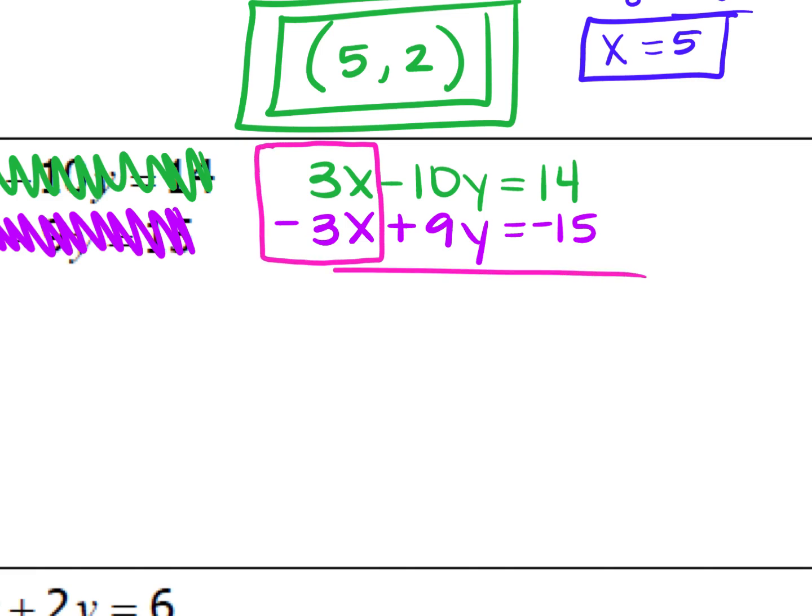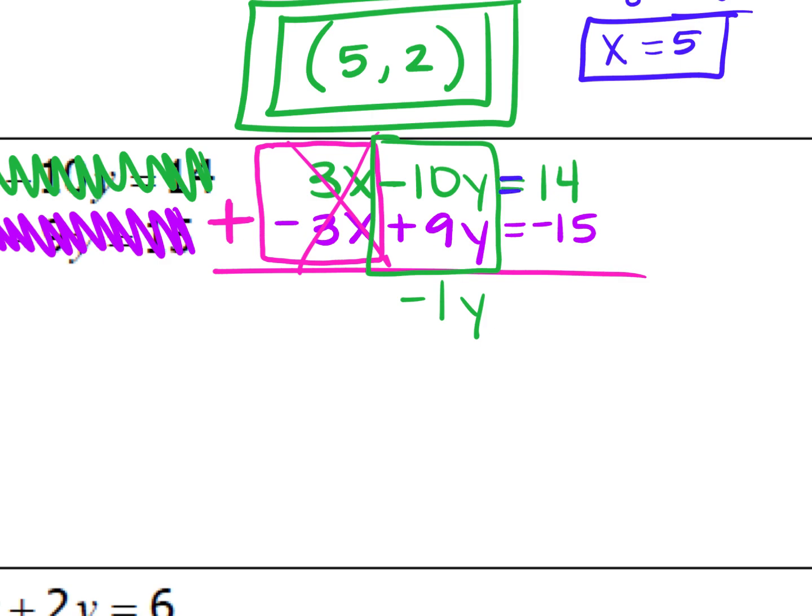So we're gonna, right now, add these two equations together and see what we end up with. 3x plus a negative 3x is 0. So that's gonna go away. Okay, move over to here. Negative 10y plus 9y is a negative 1y.